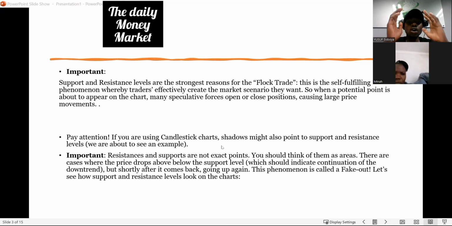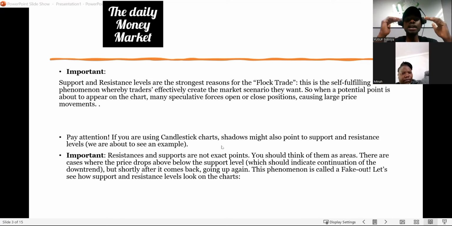So there's no way we can run away from the false breakout, whether from the support level or a resistance level, right? Now, the question that we need to ask ourselves: why does it do that? Why does it give us this false signal that the market is going this side while it's not going that side?